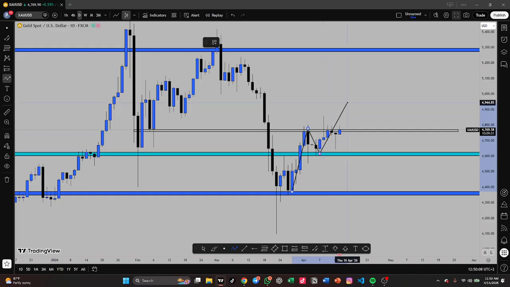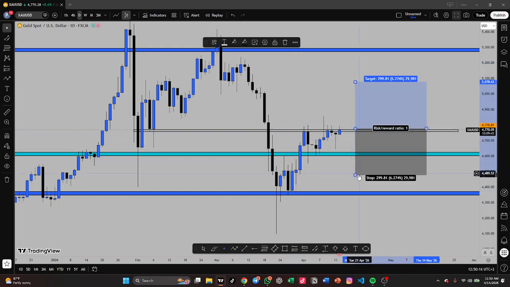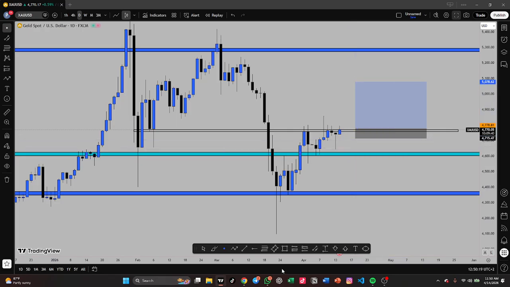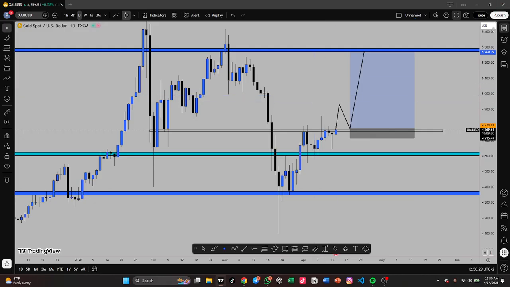So we are expecting that impulse, retracement, and for price to continue going higher. So I'll be looking for a buy opportunity around this region. Not buying now, wait for break and retest before the continuation movement to the upside. So that is what we are expecting on XAU USD.